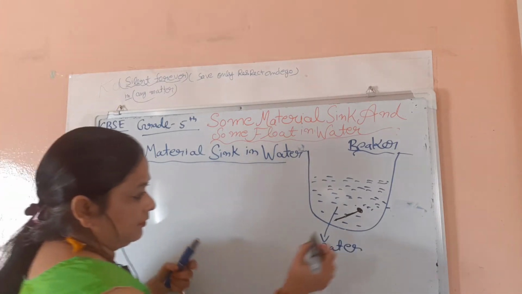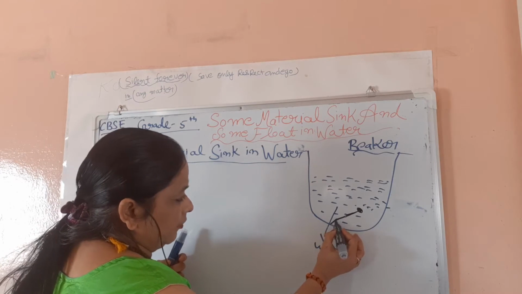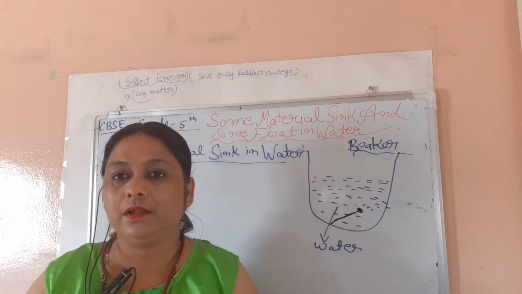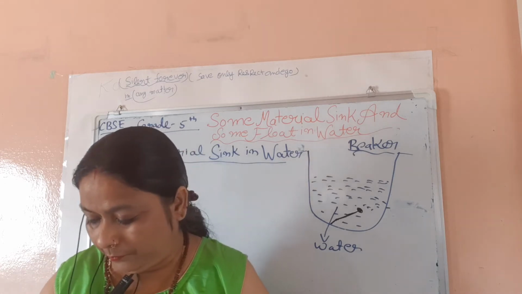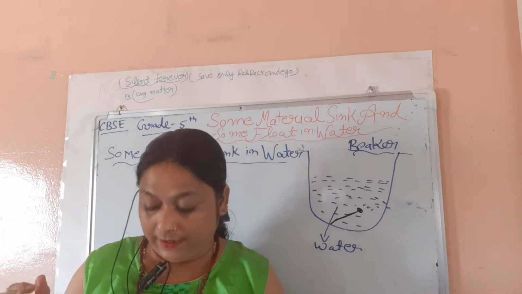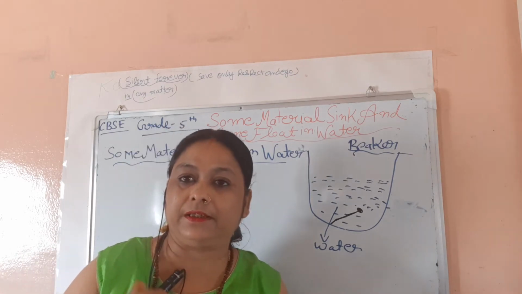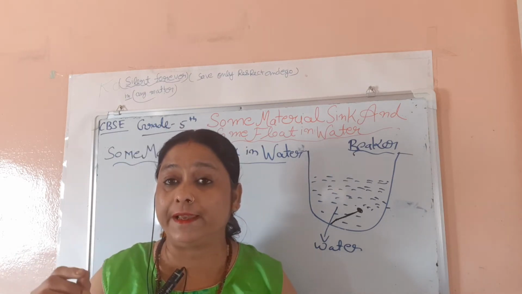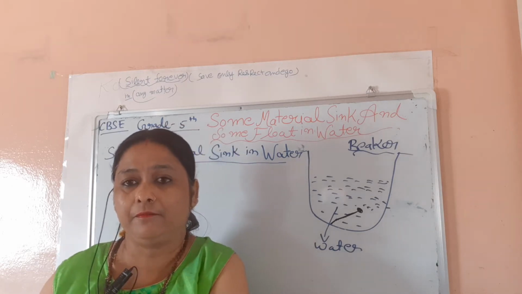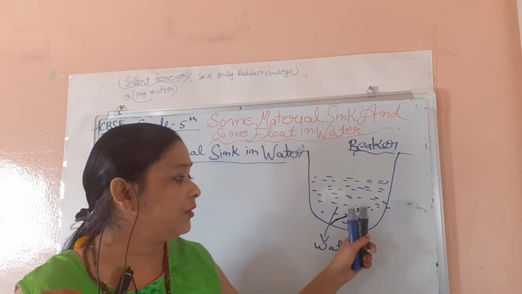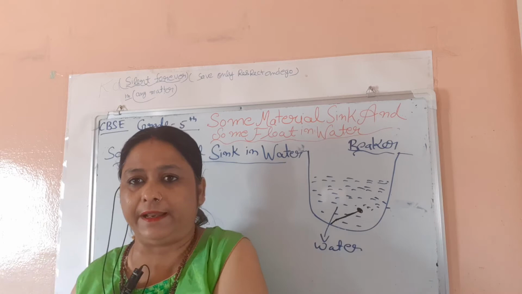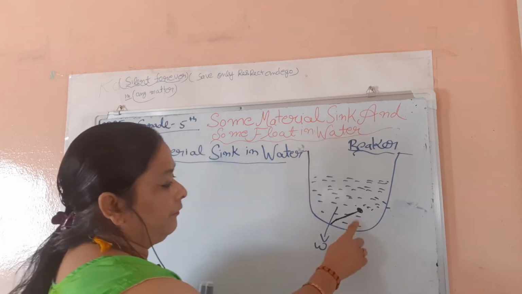So this proves that those things sink in water that are heavier than water. It proves iron is heavier than water because the nail is made of iron.